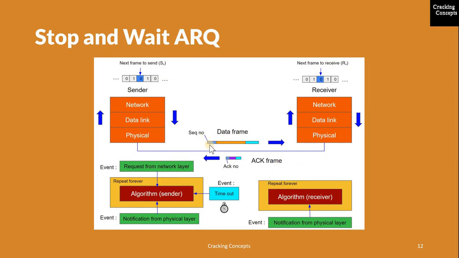Each data frame will have a sequence number and the acknowledgement will have an acknowledgement number. Compared to the previous design of the stop and wait protocol, here the only difference is there will be a timer connected to the sender, which will have an event called timeout. Now this timer can be restarted based on the requirement.